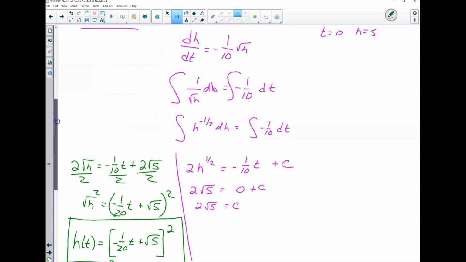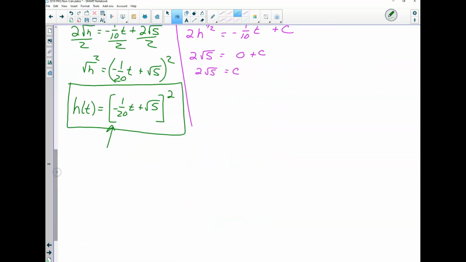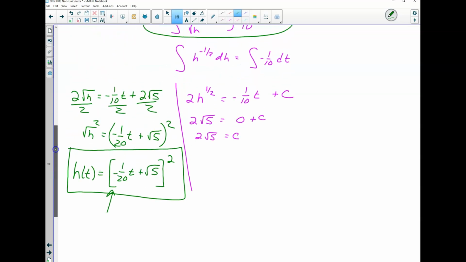If you do not show your variables separated, and you come down here and you get h of t, you get 0 for it. You get nothing. And note a max of 2 out of 4 if you don't show your constant of integration.